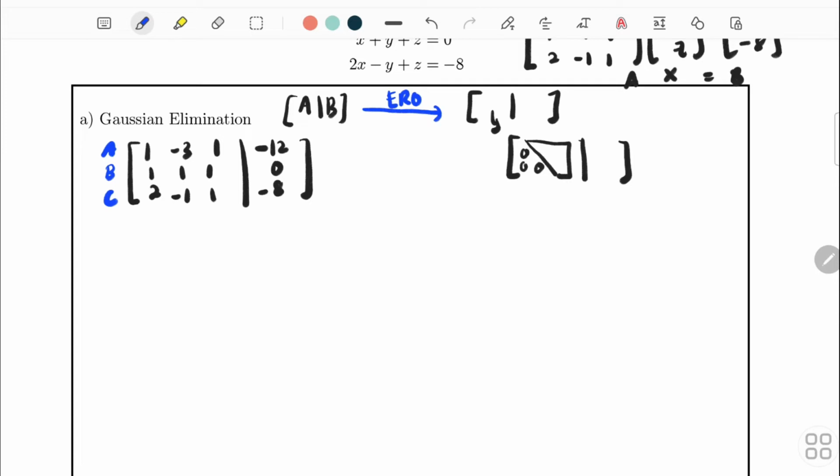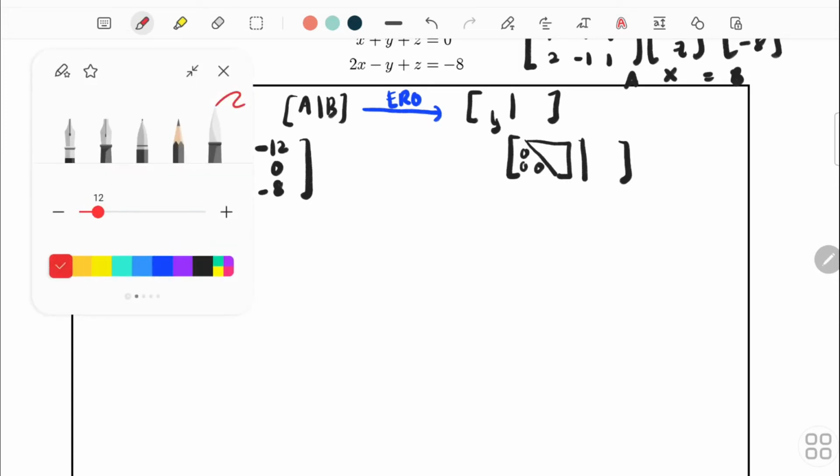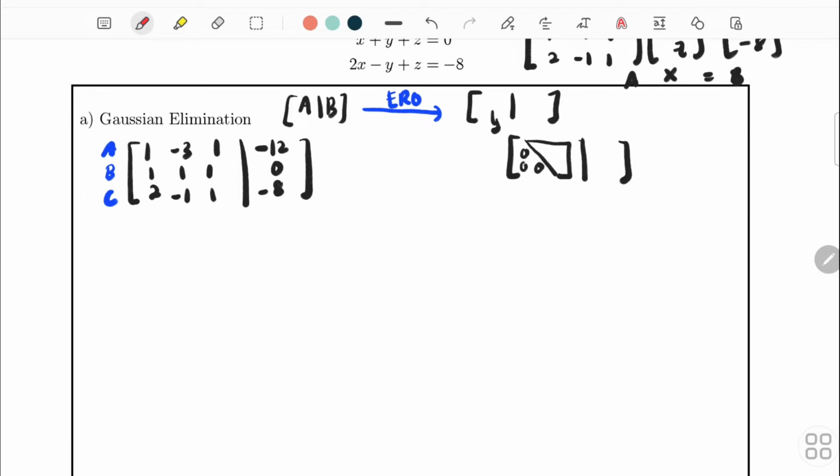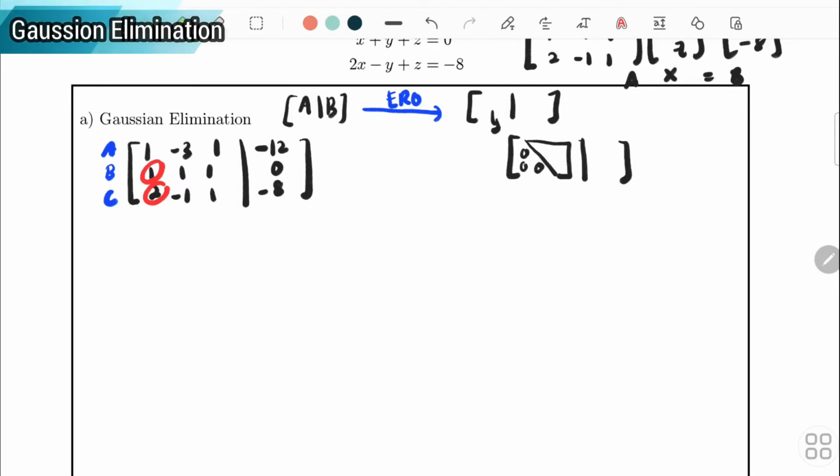We are focusing on the first column, where the elements that need to become 0 are in row B and also row C. These two elements need to be changed to 0 by doing elementary row operations. Row A will be the reference row for the operation. So we're going to start with changing the second row, which is row B.